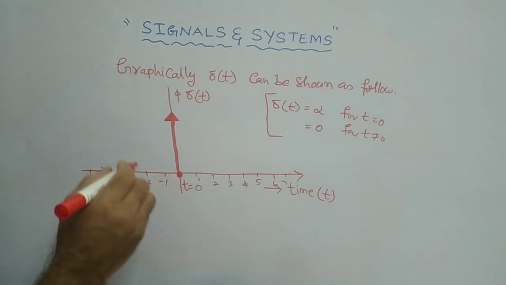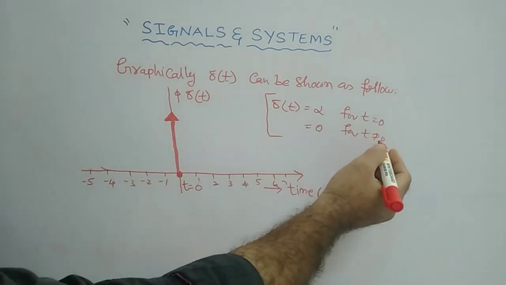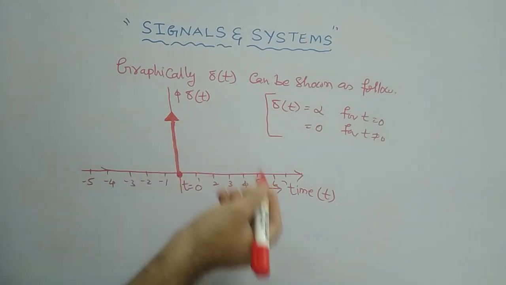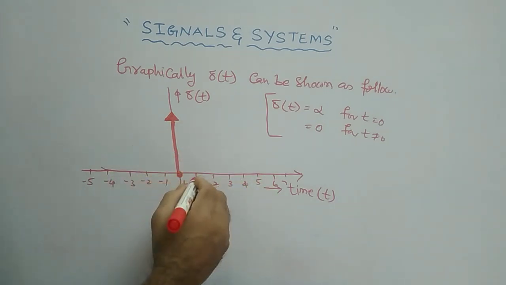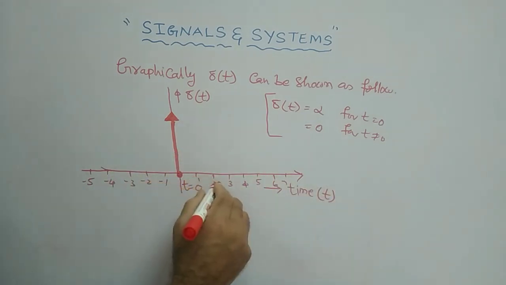At t equal to 0 only, it is infinite. At all other values of t, such as 1, 2, 3, 4, 5, it is 0.